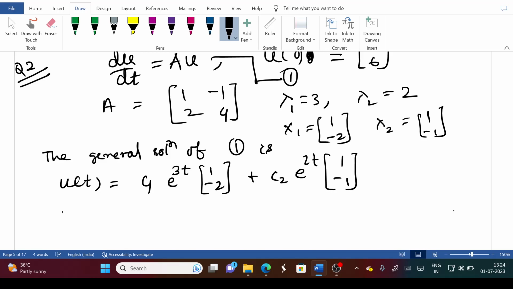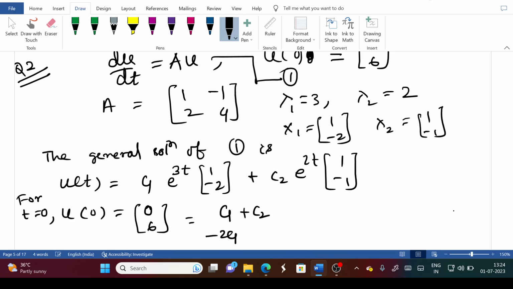Now substituting t = 0, u(0) = (0, 6), that is equal to how much? Here t = 0 means the exponential terms will become 1, so it is C1 + C2 and -2C1 - C2.